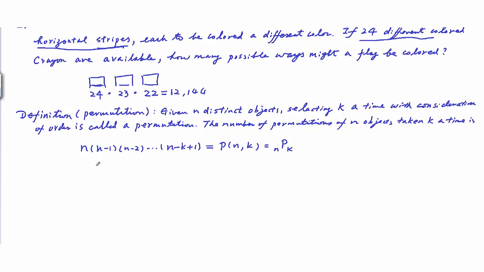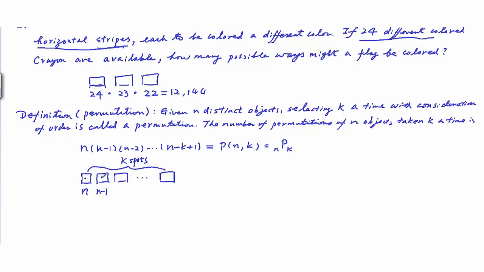To see this permutation, when we talk about k at a time, there are k spots to complete. So in total, we have k spots here. For the first spot, we have n objects to fill, so we have n ways to complete the first spot. But after one object is put down here, you have n minus 1 objects available for the second spot.